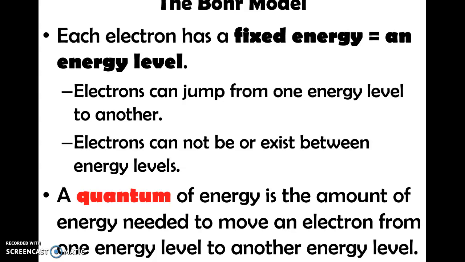In red here, you see the word quantum. A quantum of energy is the amount of energy needed to move an electron from one energy level to another, right? And so we start looking at quantum energy levels. That's the energy it requires to move an electron from one level to another level. Okay, that's going to become important.